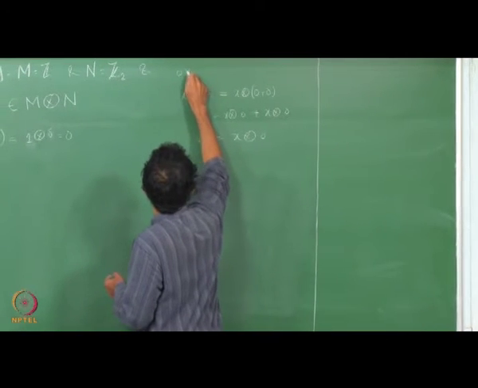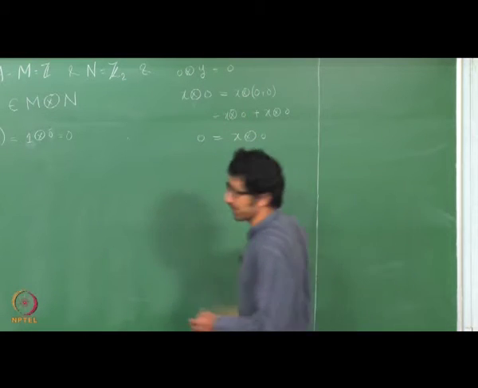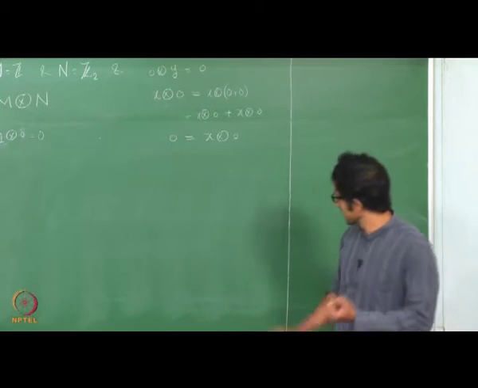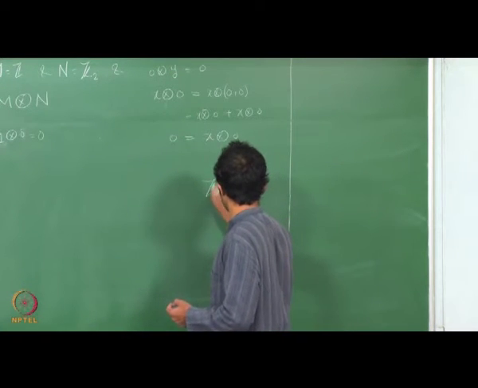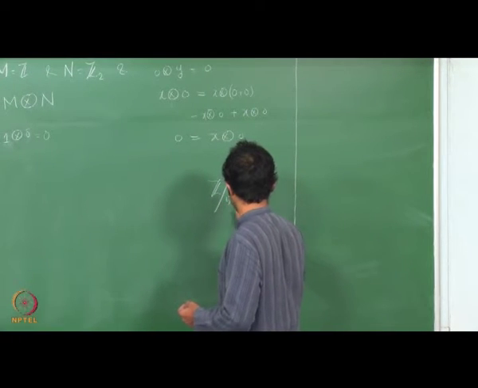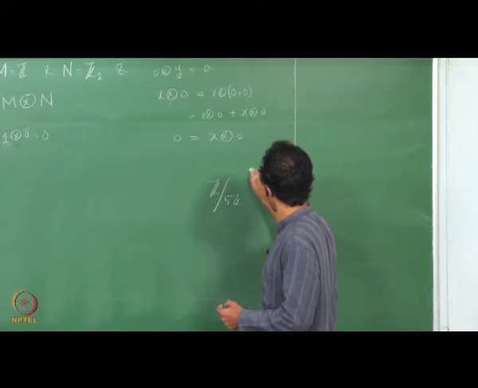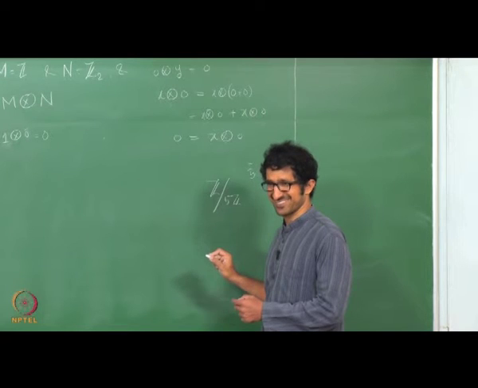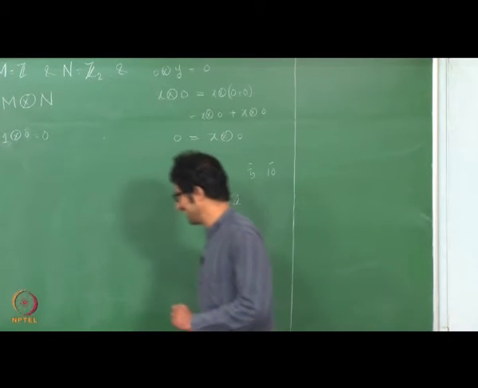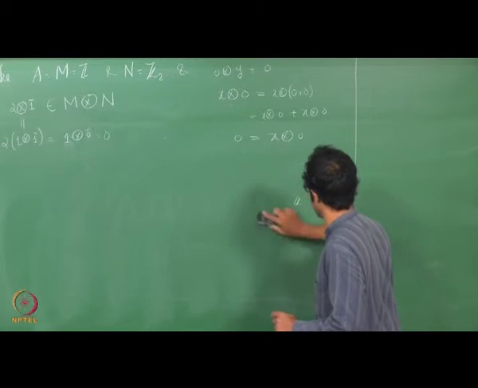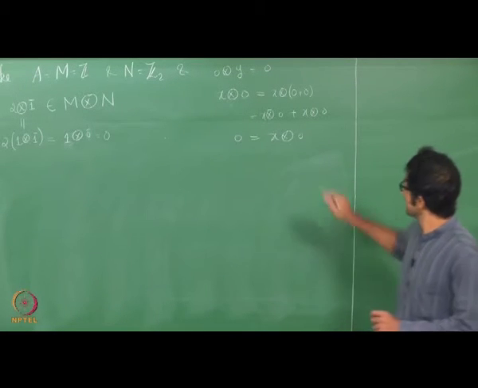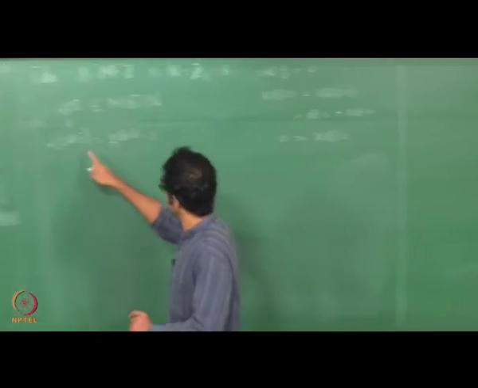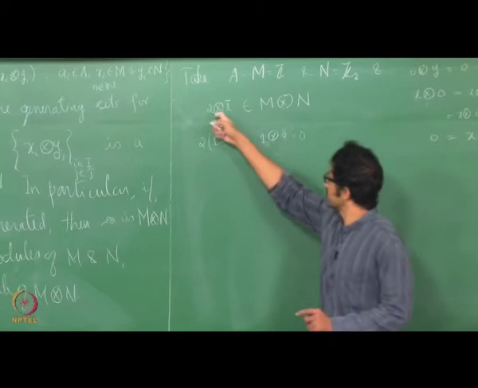Yes, 0 tensor y is also 0 for every y. See, if you take, for example, Z mod 5Z, what is 5 bar? What is 10 bar? They are all different representations of 0. So 2 tensor 1 bar is 0.